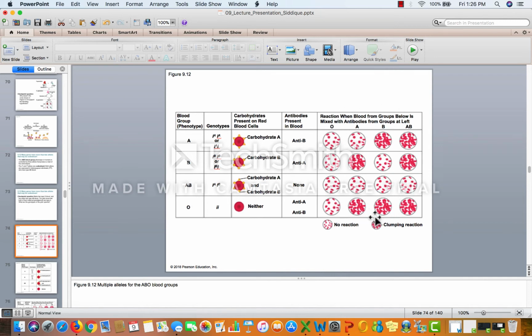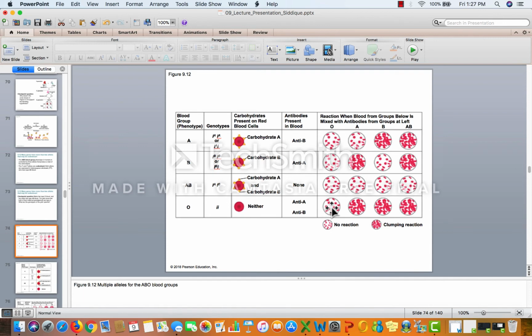So this is what happens. If you have clumping, that means that there's an interaction. It's bad, right? Reaction when blood groups below is mixed with antibodies from blood groups on the left. So if you have blood type A, you're going to be fine if you get blood from O and A. You're going to be bad if you get blood from B and AB. If you're type B, you can get blood from B and O, right? If you're type AB, you can get blood from everyone. You're the universal recipient, okay?